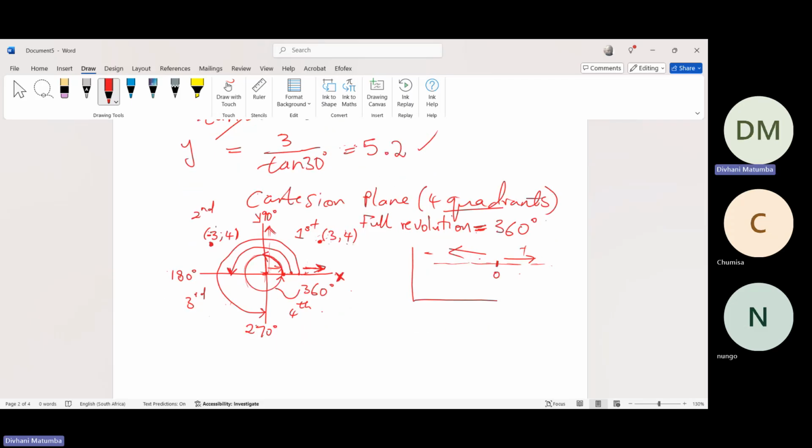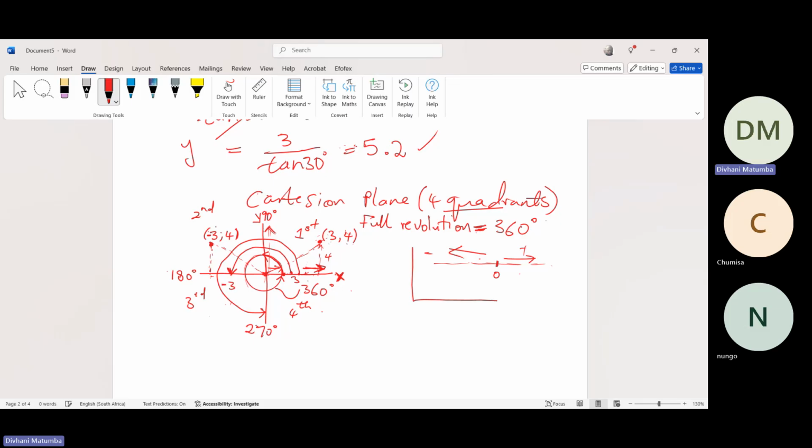Okay, so if I draw a triangle like that, it means from here to there will be a positive 4, and from here to there it will be a 3. That's fine. But if I draw a triangle in this quadrant, from the origin to this point, it will be a -3.